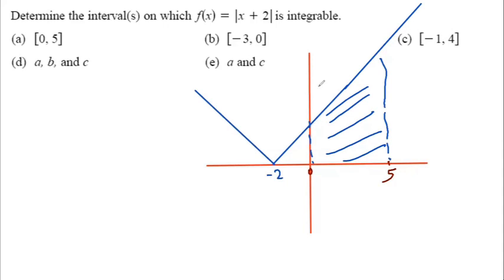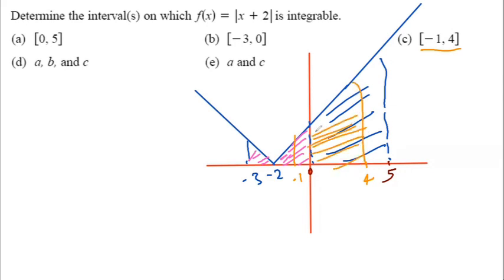Then there is another interval from -3 to 0. The question here is, this sharp point at 2, does it mean that we can't integrate or find the area under the curve? And then at the end, -1 and 4 will be away from the sharp point.